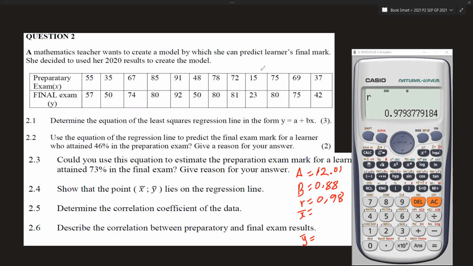So this is what we're going to do. You still repeat the process, but the mean does not fall under regression. It falls under variance, né? So we're going to say shift stats, you press 4, var. Then that is your X with a line. It's on number 2. Do you see it? Then 2, then equals. So it's 60.58.